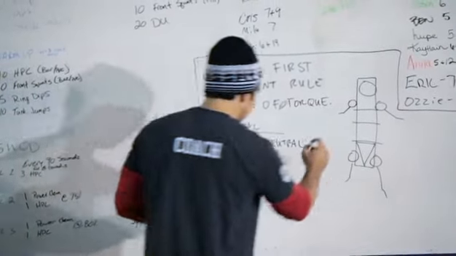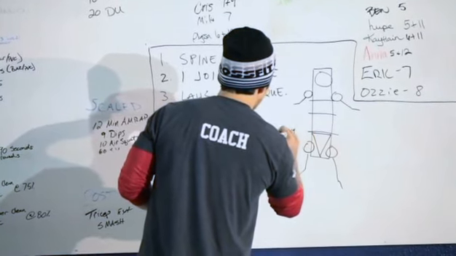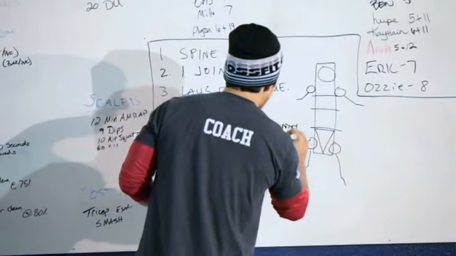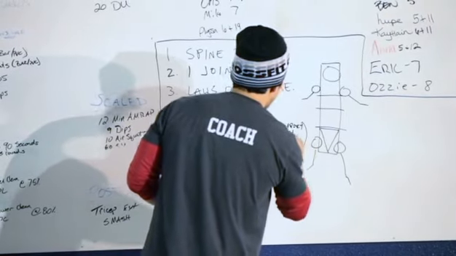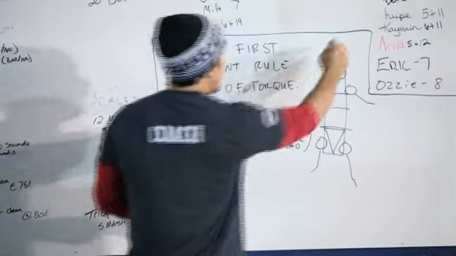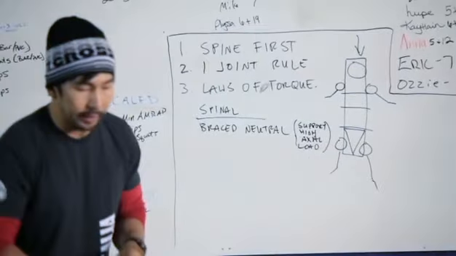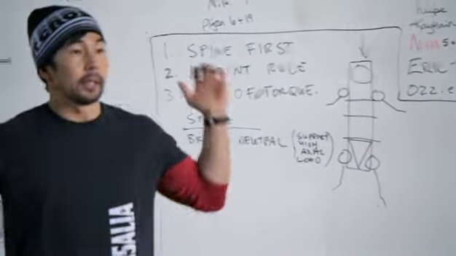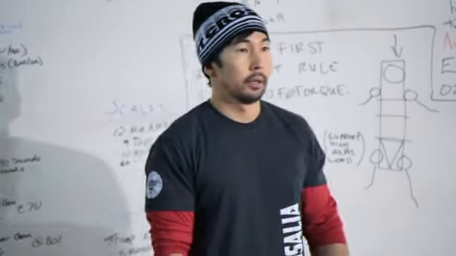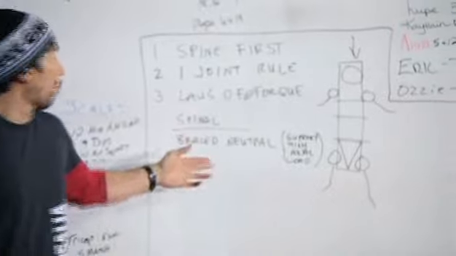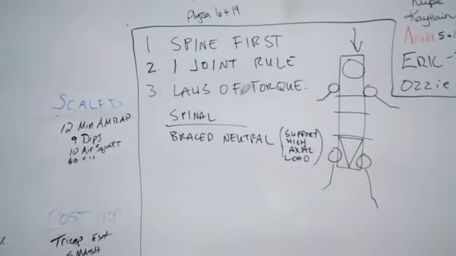So what does that mean? That means this is the only position that you can support heavy weight from this direction. So if you are carrying something on your back, like a back squat, or a yoke, or a deadlift, okay? Brace neutral position is the only position that you can support that load from, okay?